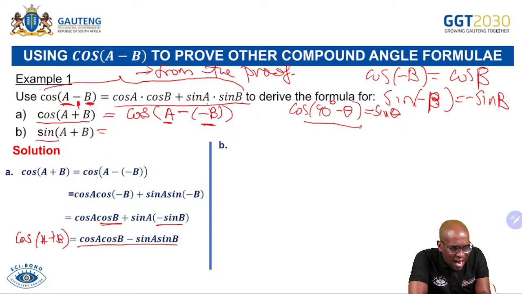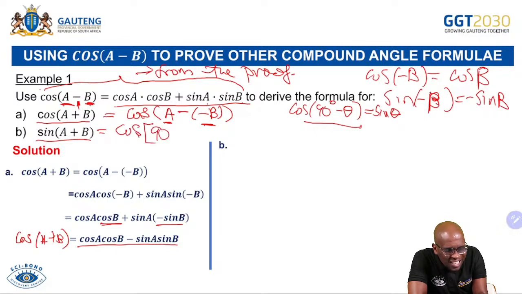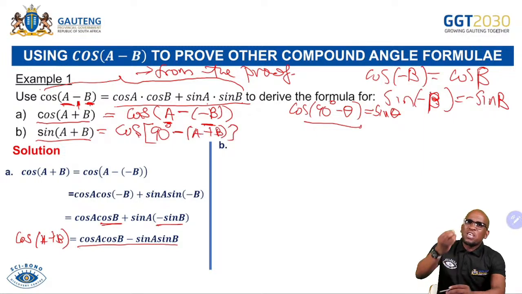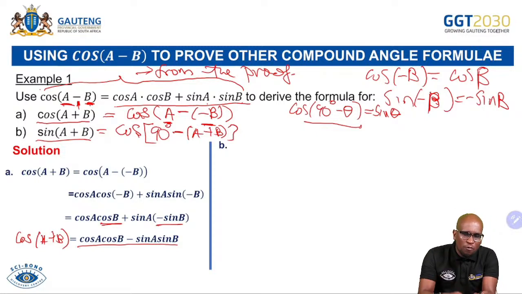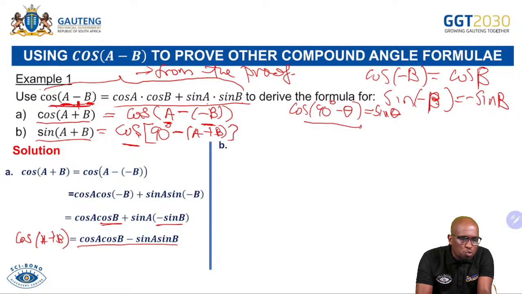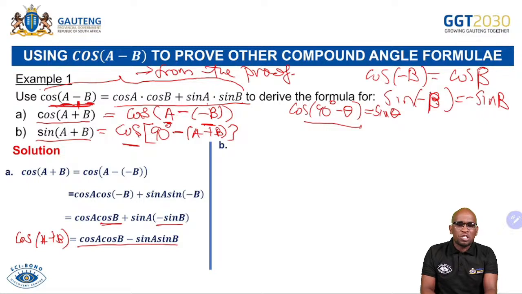So I have the sine of A plus B. I want to write it as a cosine. So it should be the cosine of 90 minus A plus B. So that should be the first step. Now we have written it down in terms of cos, because we were given the cos in the original one.